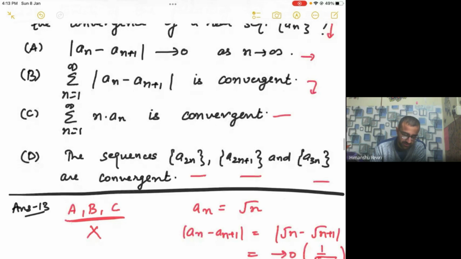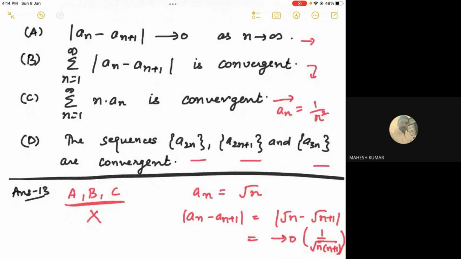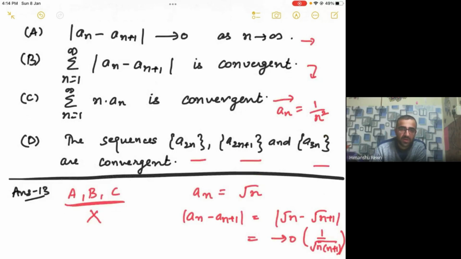What about option C? If we take an is equal to 1 by n square, then the series is divergent, but the sequence an is convergent.